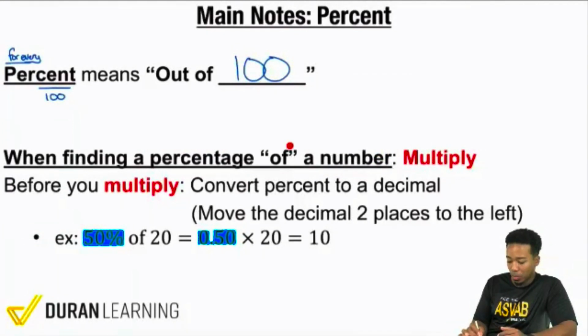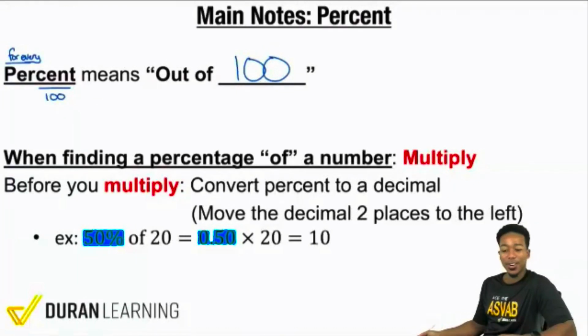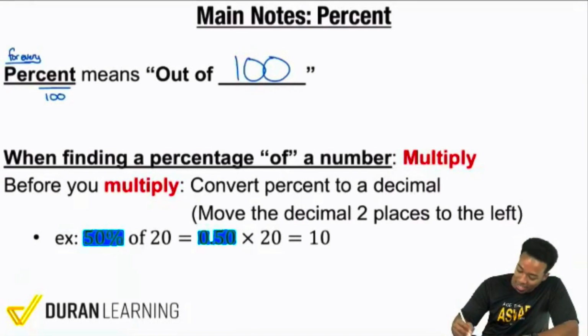Everybody, what does the word of mean in math? Hardest question of the day. I have 6 pairs of socks, or, multiplying. Now, what does the phrase out of mean? Remember, gang, the word of means multiply.